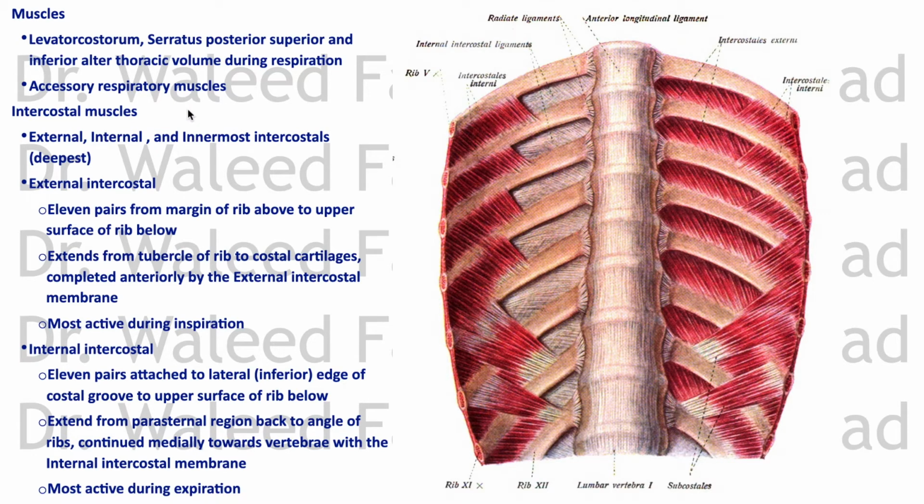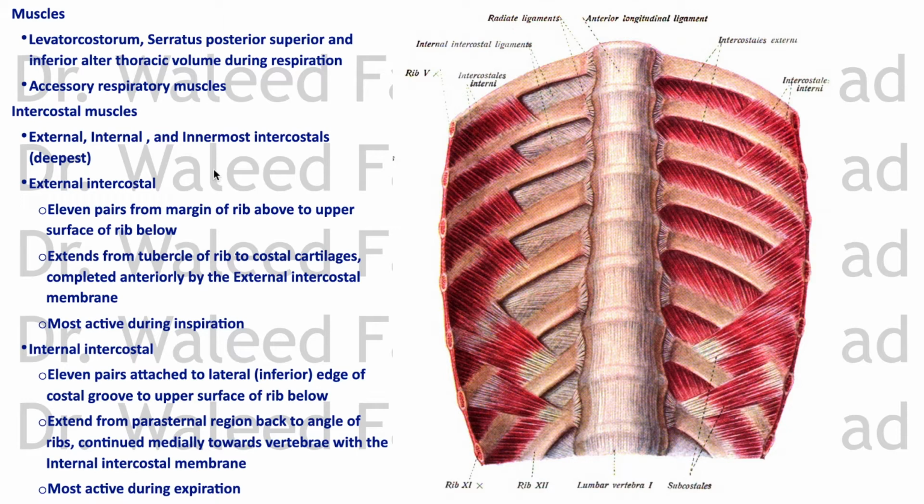Now, the external intercostal muscles are attached from the margin of the rib above to the rib below. The direction of fibers is like as if you're putting your hands in your pockets. So downwards and forwards. It's important to know the direction of the muscle.